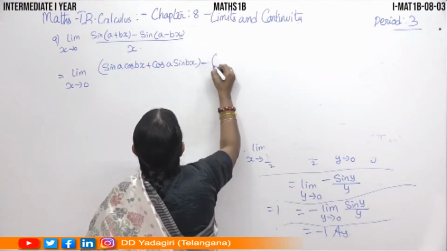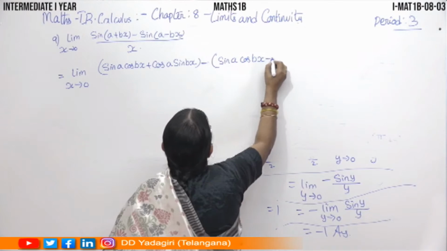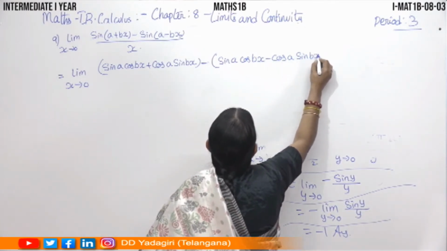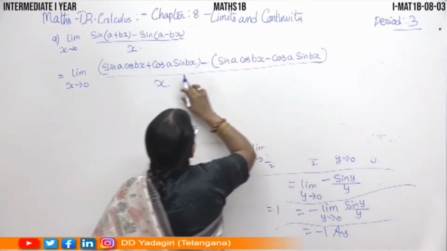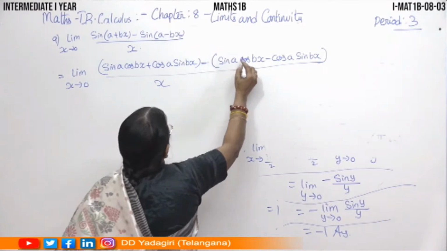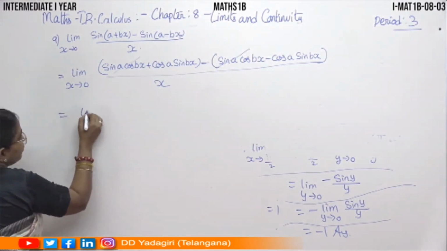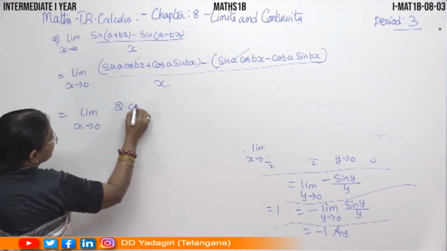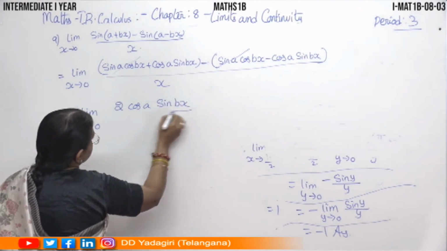So it is minus of sin a cos b minus cos a sin b, with b meaning bx, by x. So when you remove the brackets, these two will get cancelled. Sin a cos bx will get cancelled. So it is limit x tending to 0 of 2 times cos a sin bx by x.